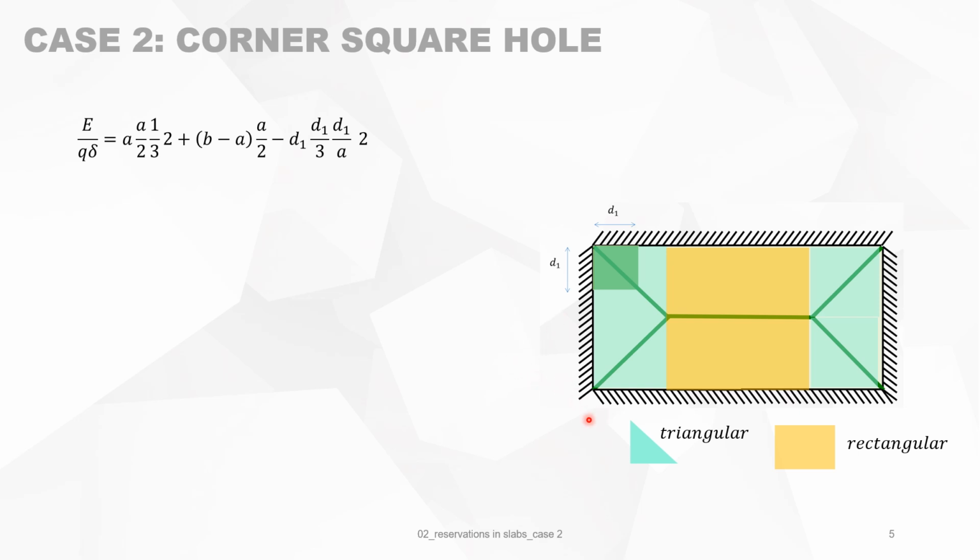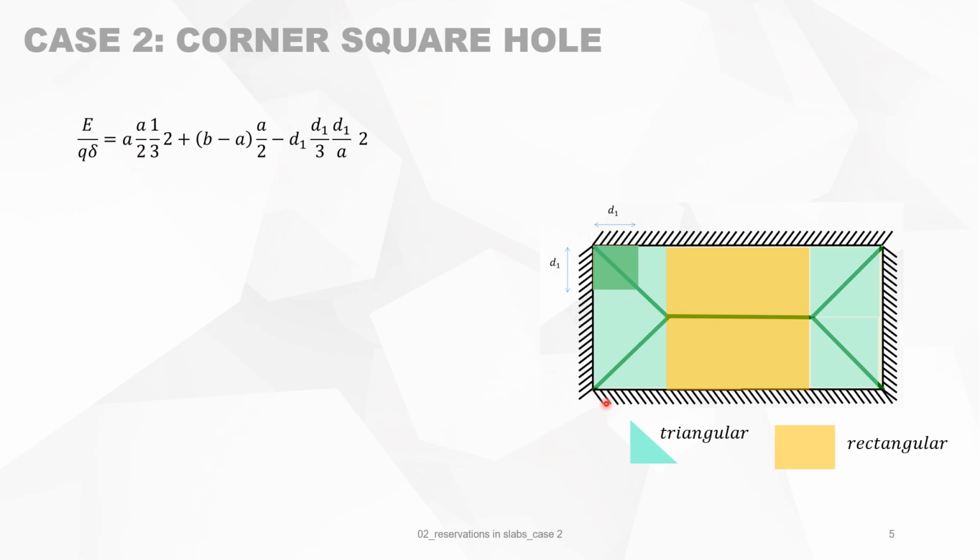What we do is we take the work done by the external force of the slab without reservation, and we subtract the work done by the external forces on the reservation.